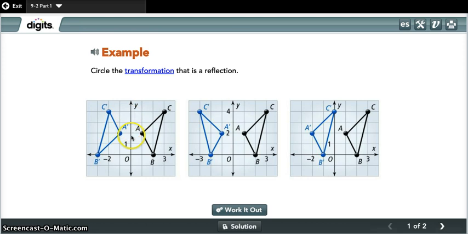So if we were folding it, let's say over the Y line here, if we were to fold this black triangle over to the blue, because these are the prime ones. If we were to fold the black one over, then A looks like it would be in the same spot, but C and B are not in the correct places.